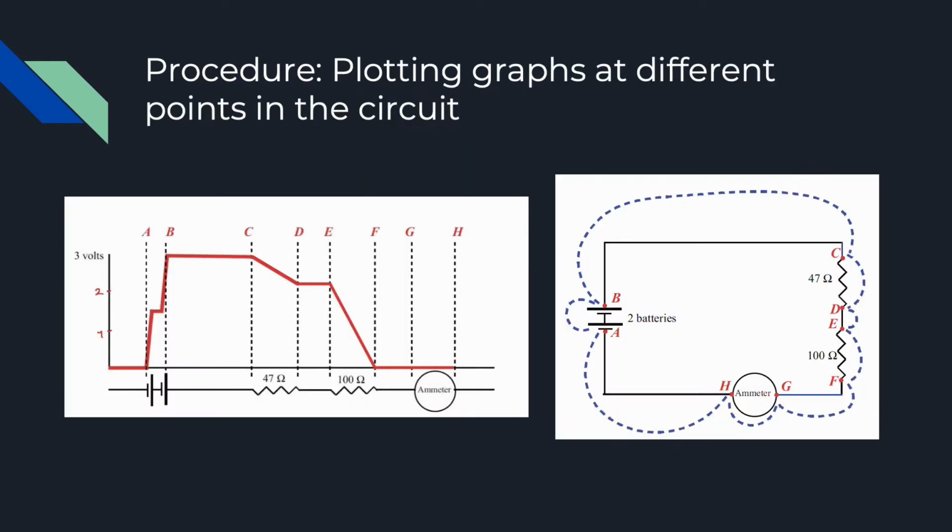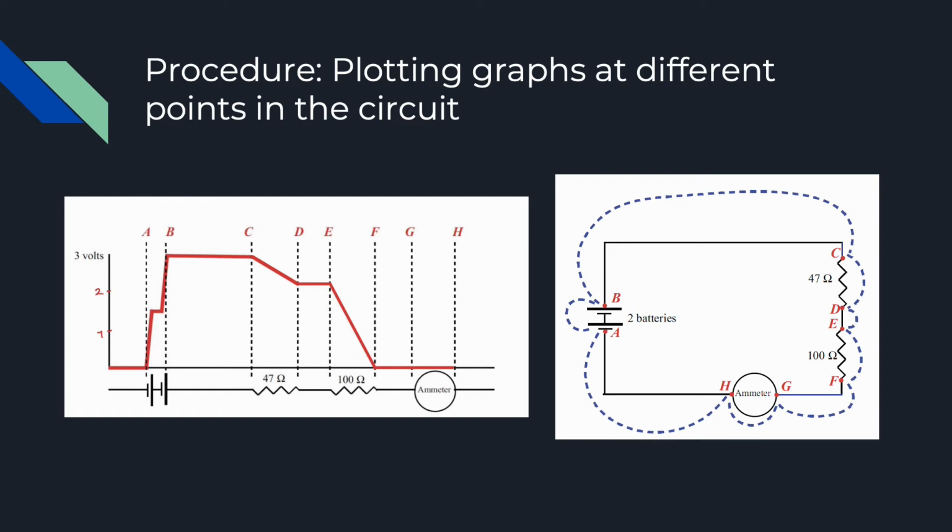Here we have a visualization of the voltage level as you interact with the various components of the circuit. We start off with 0 volts and it climbs up to 3 volts from point A to B and stays there until point C because there is no voltage drop within the immediate wire until you reach that 47 ohm resistor.